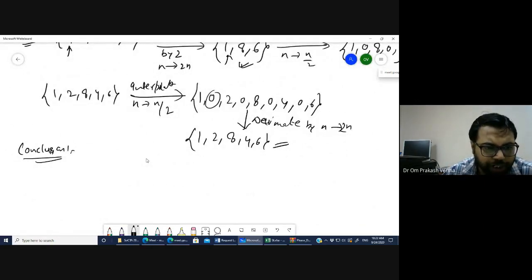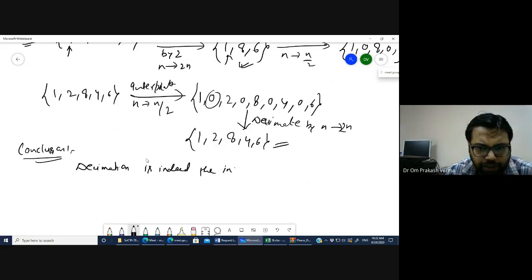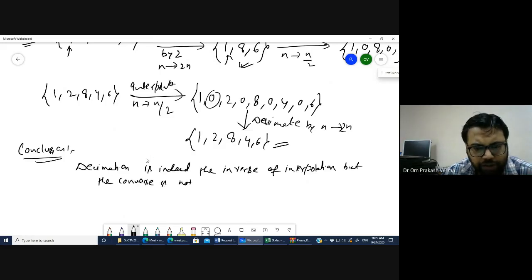So we can write that decimation is indeed the inverse of interpolation, but the converse is not necessarily true.